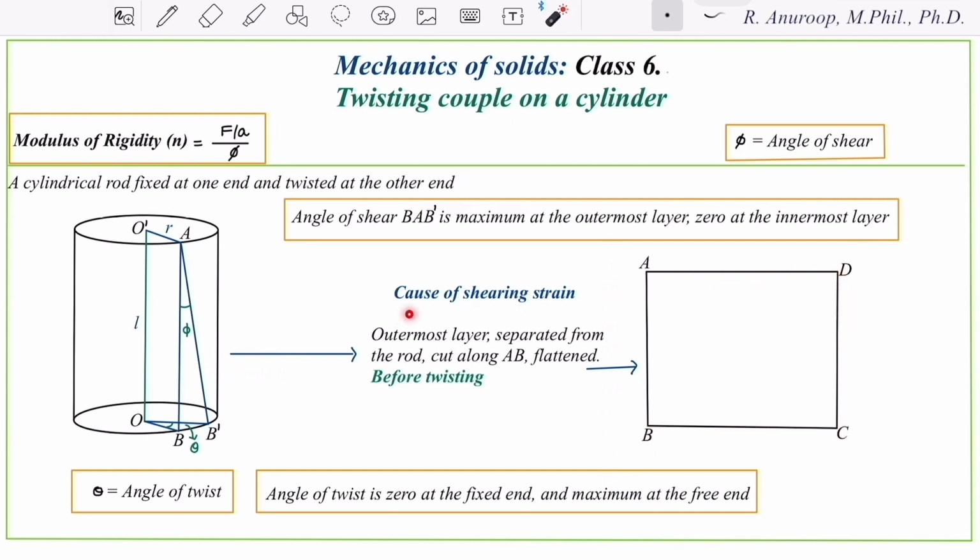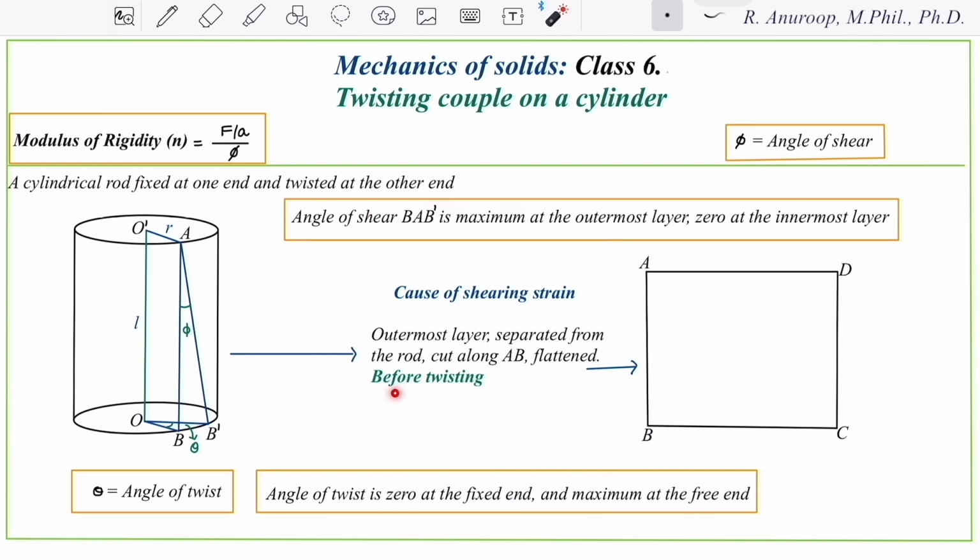Now it looks like a rectangle ABCD. Now this outermost layer has the shape of a rectangle.